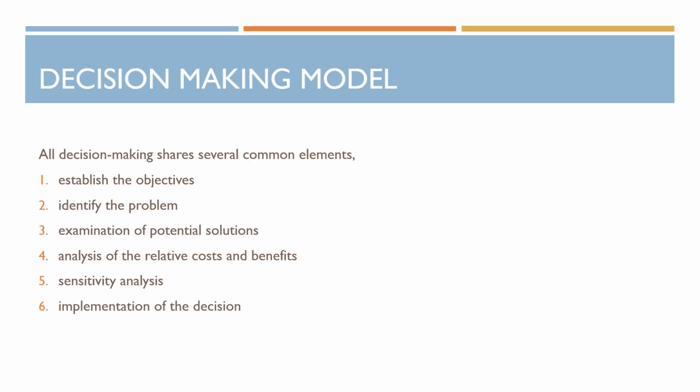There are several decision-making models that you can find in the economic literature, and several of them are covered in the textbook. For example: establish the objectives, identify the problems, examine potential solutions, analyze the relative costs and benefits, sensitivity analysis, and implementation of the decisions.